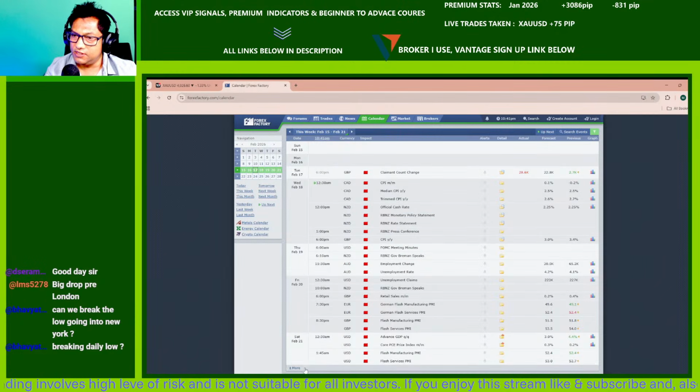Today is the second day of the trading week, and later today there is some news on CAD, but there isn't any significant news on the dollar. Tomorrow will be the FOMC meeting minutes, which is in the New York session. Unemployment rates on the day after tomorrow.